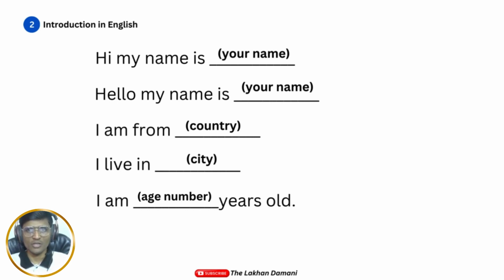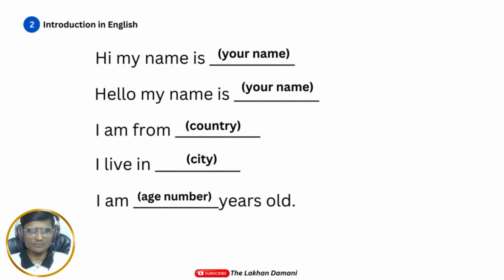You are going to say your country name after these three words. I am from country. I live in your city here. I live in Umarkot. I live in Chicago.